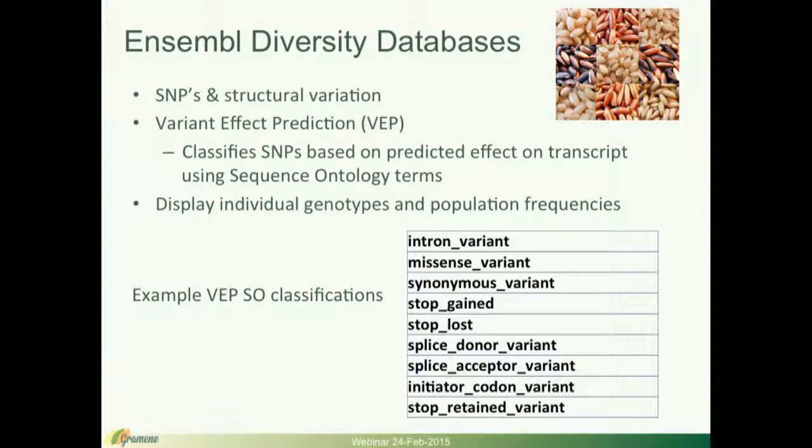So for example, a change in a nucleotide may cause a synonymous mutation. It may be a non-synonymous mutation. It may introduce a stop site. It may affect splicing, or it might just be in an intron or intergenic region.